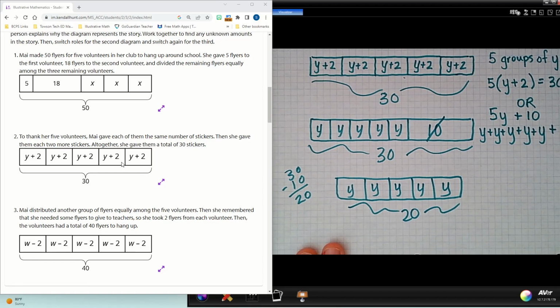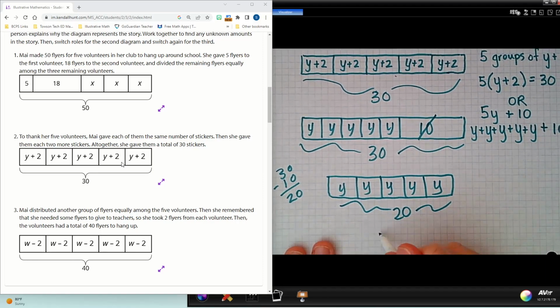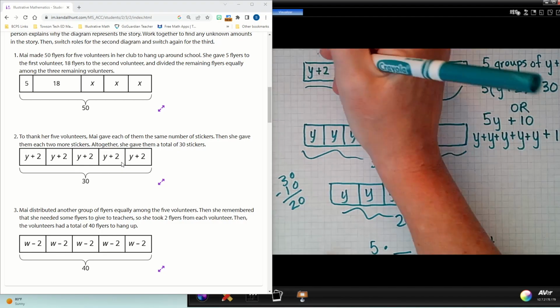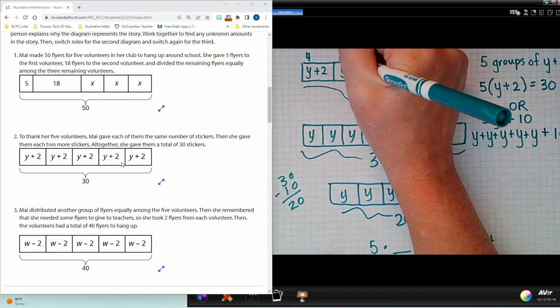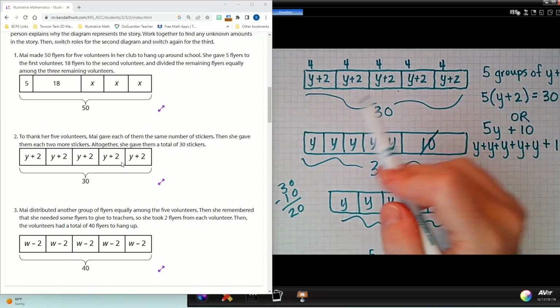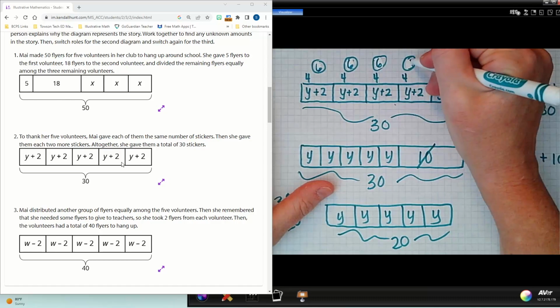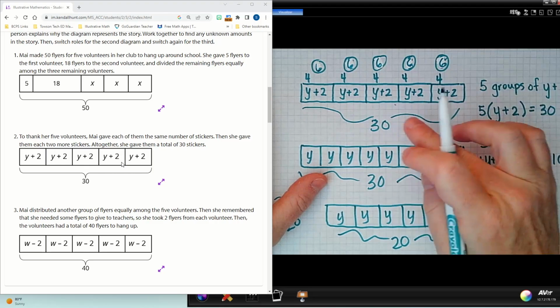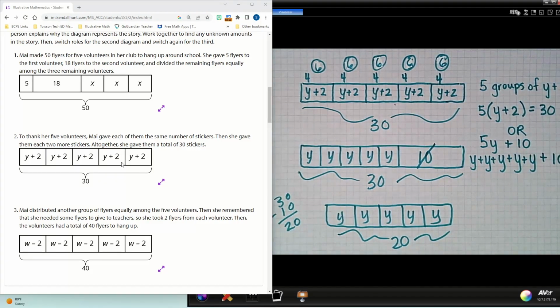So again, using their multiplication strategies, they could say 5 times what equals 20, and that would be 4. And teachers will encourage students to go back and plug it in for each one, and we can see that each volunteer received 6 stickers, and 6 times 5 is 30.